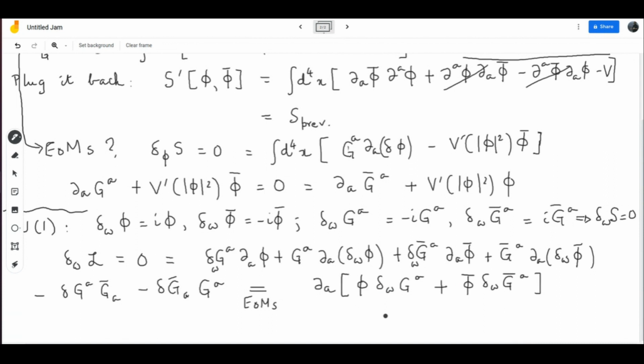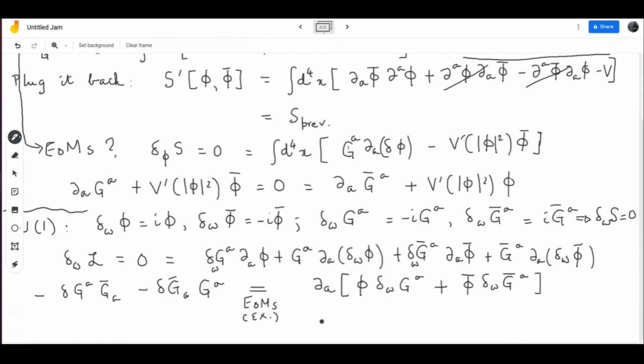And this one, you see, delta omega, now we are using the equations of motion and the variations. So it is an exercise I haven't done. I'm leaving it to you as an exercise, that this will come out to be like this. And now when you plug it back, we get that we have a conserved current.